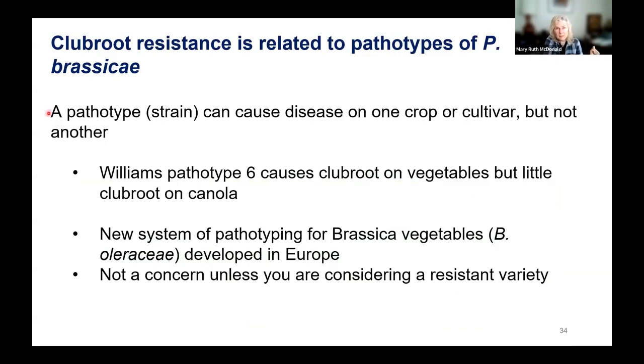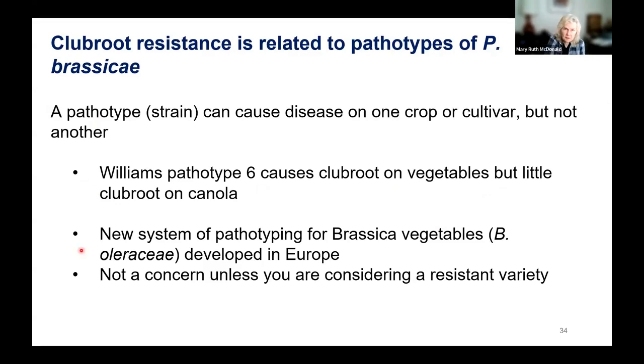The clubroot pathogen exists in lots of different strains or pathotypes that will infect one crop but not another, or one cultivar that's got a resistance gene but not another. Most of the surveys show that vegetable fields with clubroot have pathotype 6. This can cause very high disease on vegetables. It doesn't infect canola as much, which is interesting.